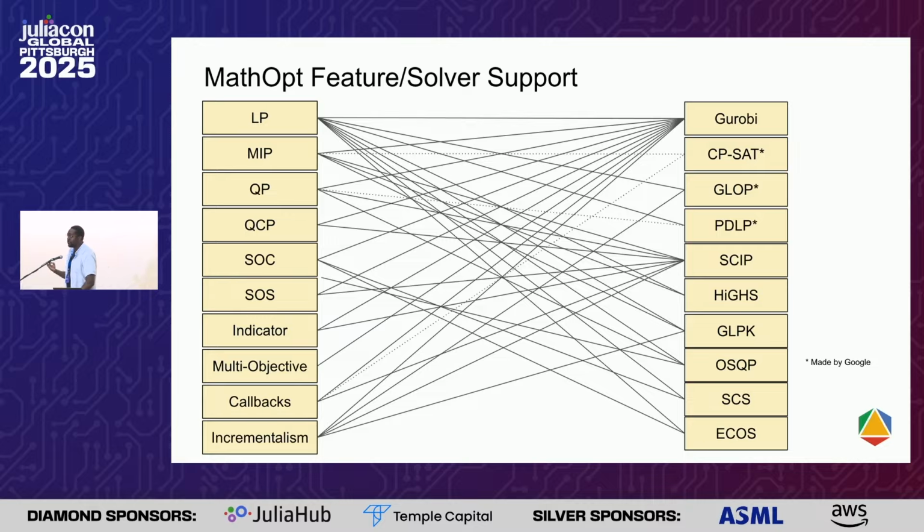But the three that we are predominantly focusing on are CP-SAT, Glop, and PDLP. I've had a lot of interest in the PDLP solver, especially if your model ends up being large. Of course, the trade-off there will probably be in terms of model accuracy, but you will probably get a solution.